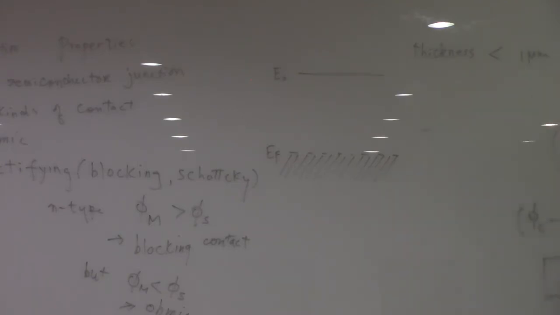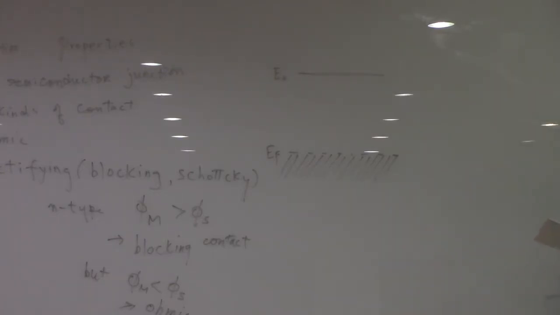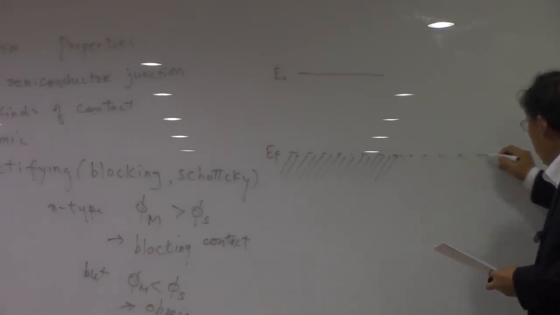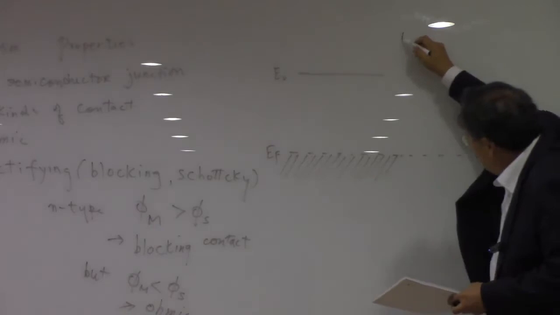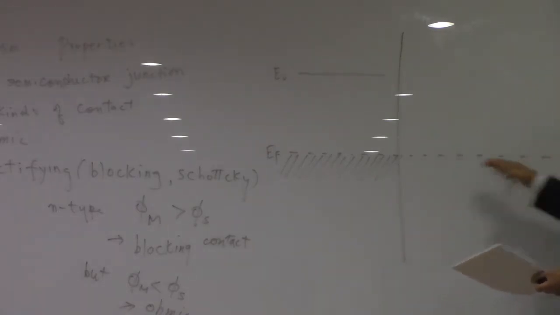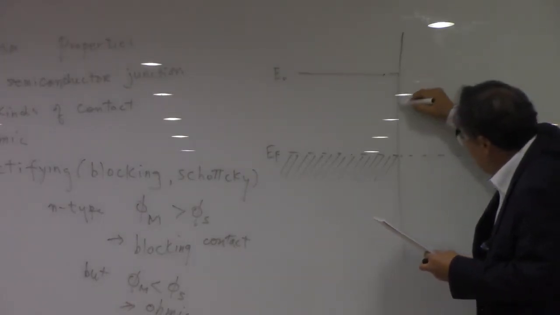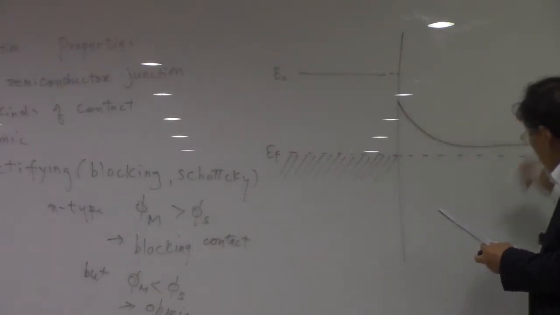But in a semiconductor, if you make a junction and make it the equilibrium, then the Fermi energy should be the same across these junctions, so the band has to be like this, if it is N-type.